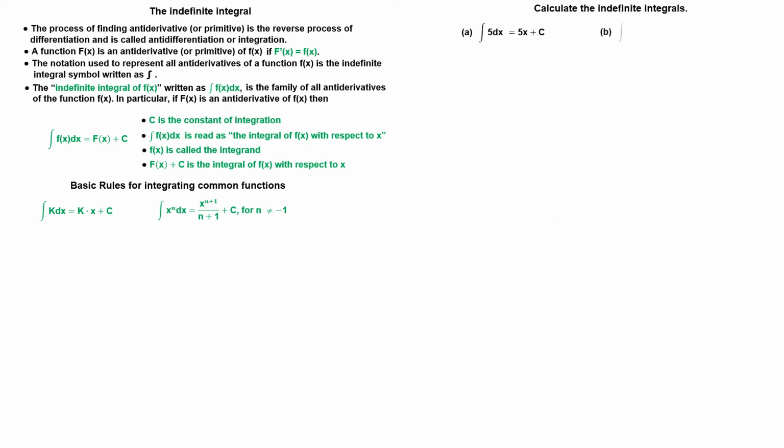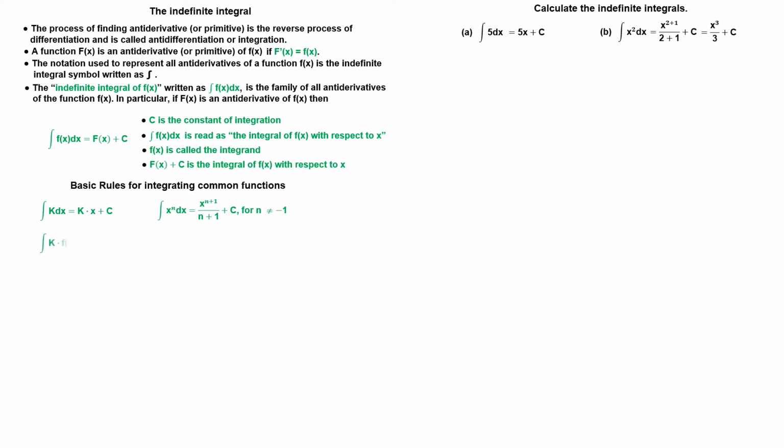To calculate the indefinite integral of x squared, we apply the power rule for integration. We add 1 to the exponent and then divide by 3. So the indefinite integral of x squared is x cubed divided by 3 plus the constant of integration.